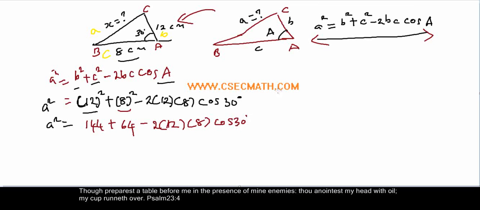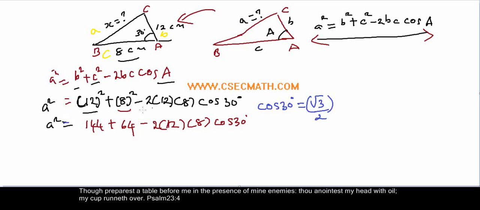Now from the previous lesson, I clearly showed you the cosine table. It shows that cos 30 degrees is root 3 divided by 2.